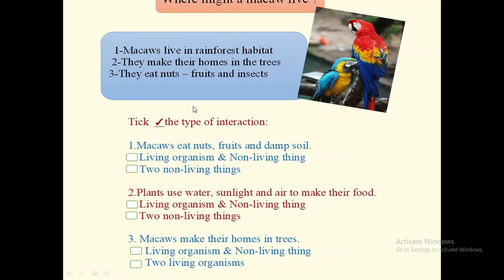Take your time. Excellent. Living organisms and non-living things. Number 2. Plants use water, sunlight and air to make their food. Okay, you can take 2 seconds, sorry.